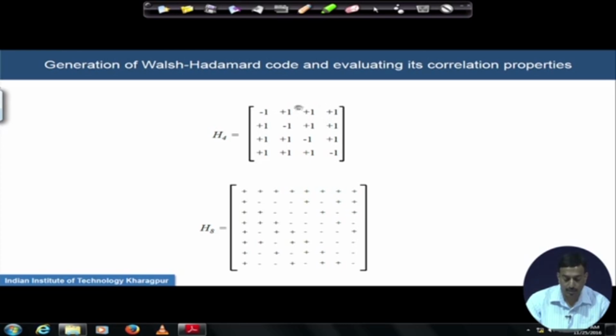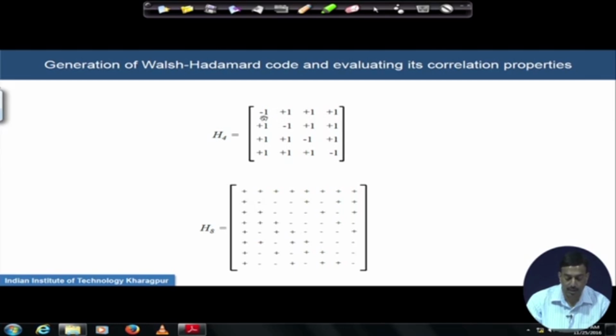values. As I said, for autocorrelation we take the code, which is a row of this matrix, and find the correlation between that row and a shifted version of itself. At 0 lag, we multiply each of these bits with itself and sum over it.